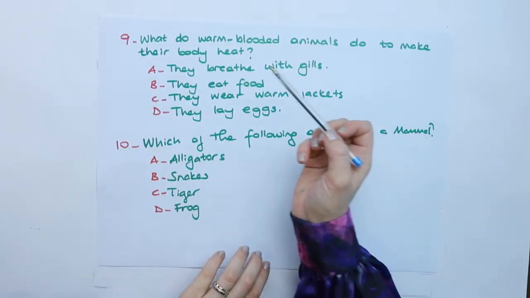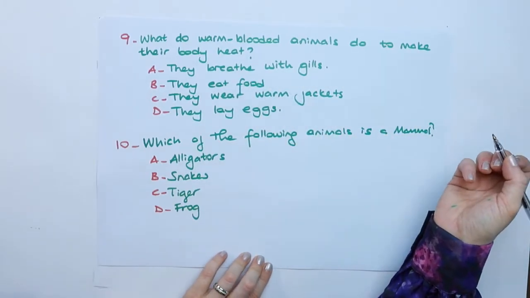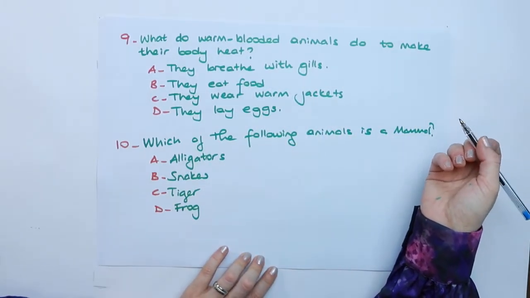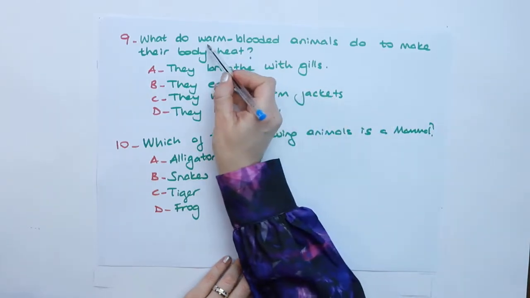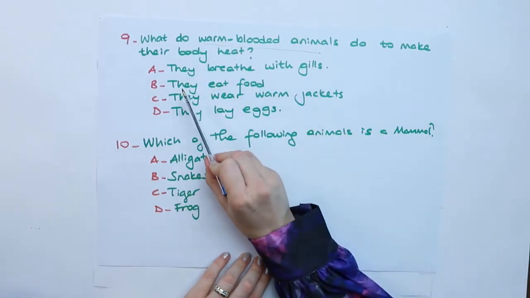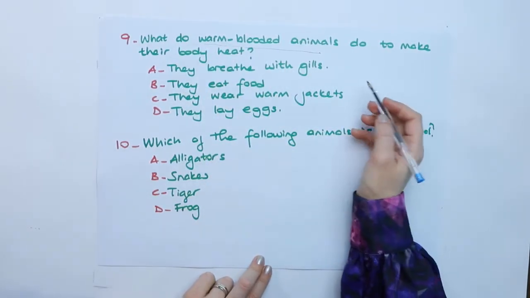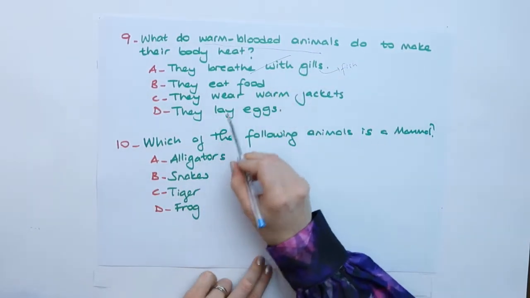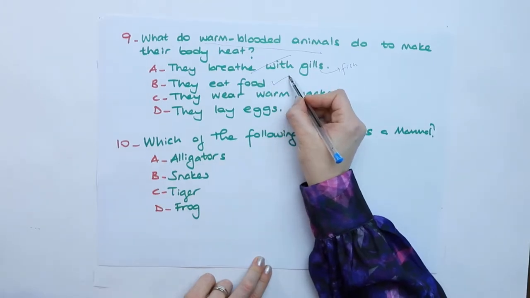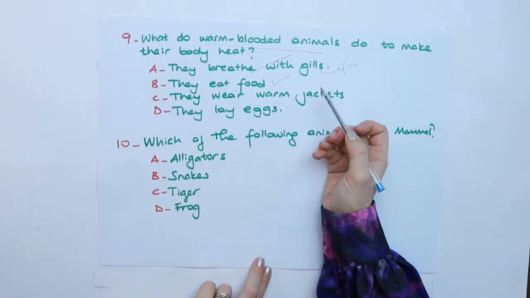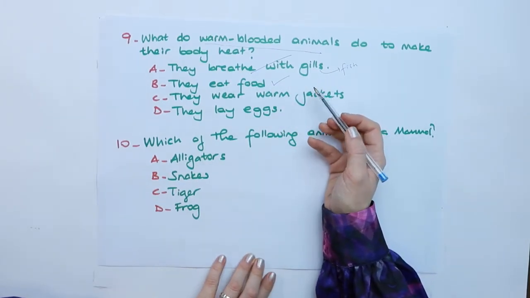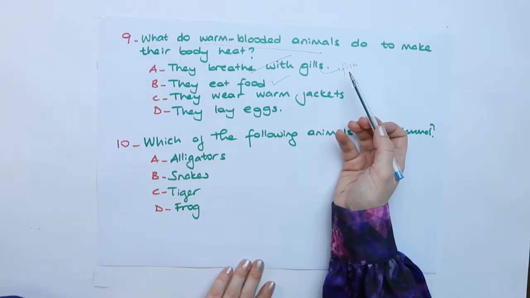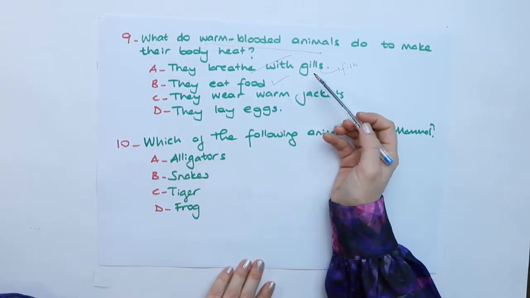Now, 9. What do warm-blooded animals do to make their body heat? Warm-blooded animals. A. They breathe with gills. Only fish breathe with gills, so this is not an option. They eat food. Yes, this is correct. When we don't eat anything, or the other warm-blooded animals don't eat anything, we feel cold.